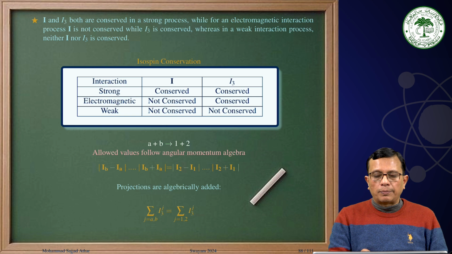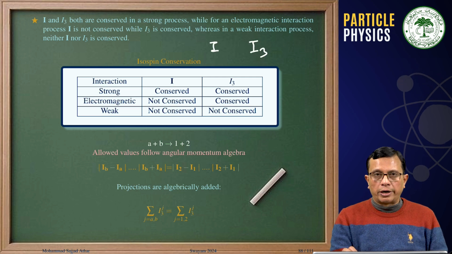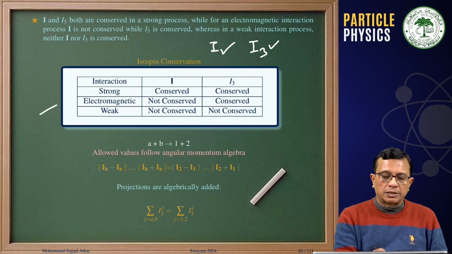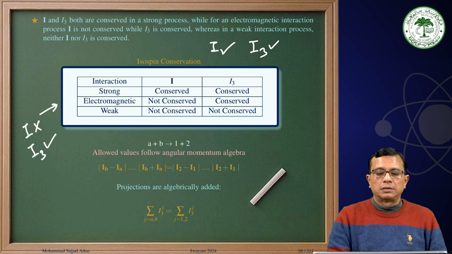Now, I as well as its projection I3, both are conserved in a strong interaction process. I and I3 both are conserved in a strong interaction process, while in electromagnetic interaction, I is not conserved while I3 is conserved.